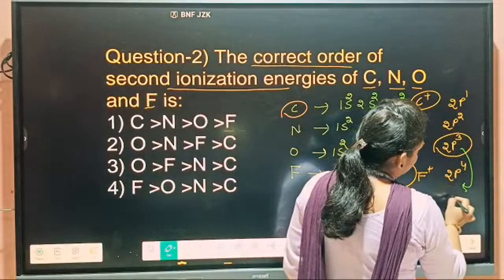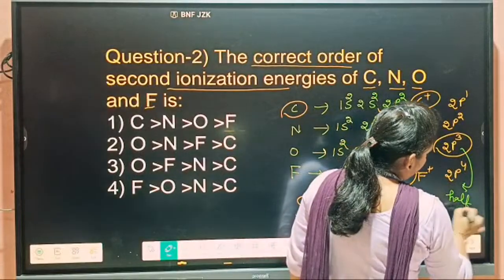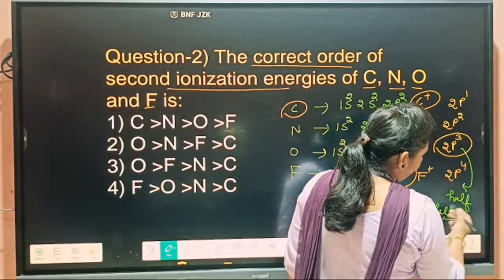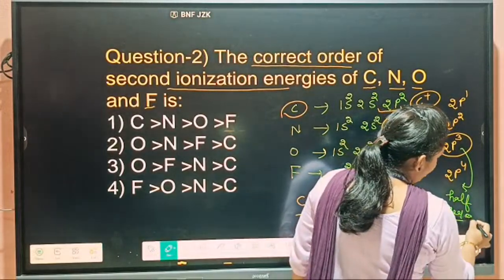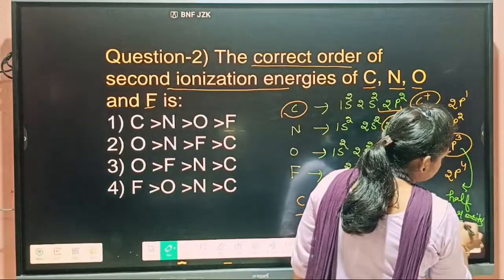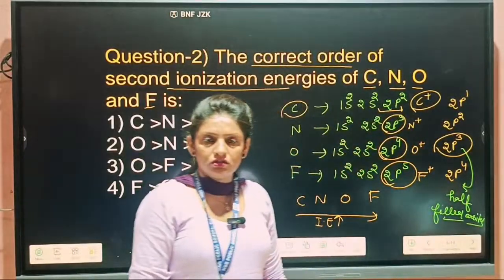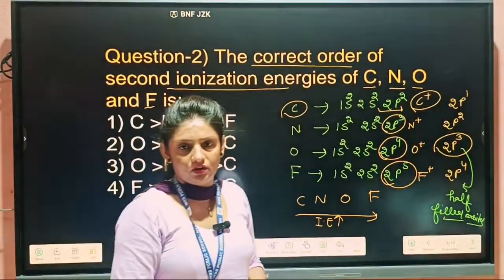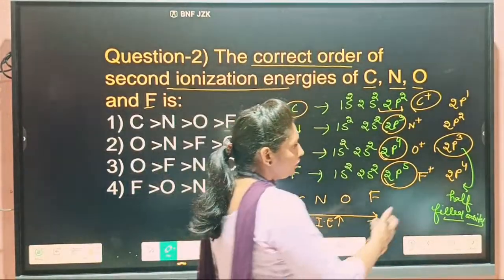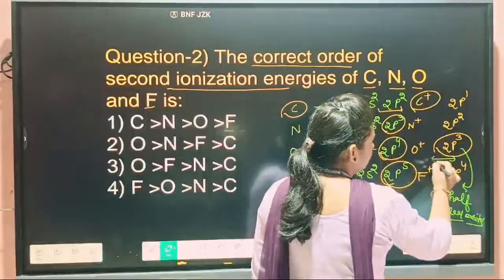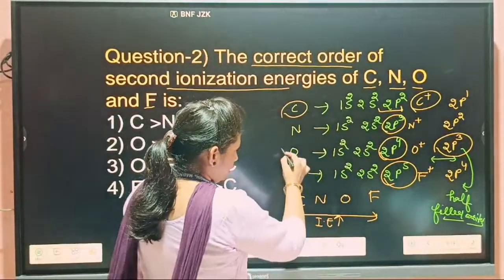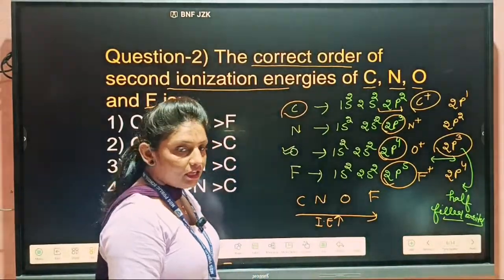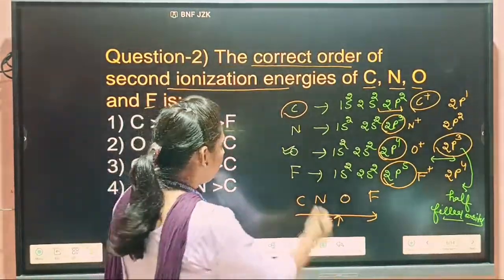And you know very well that a half-filled orbital is more stable. That configuration is more stable, so it requires more energy to remove the electron. So for oxygen, the second ionization enthalpy will be maximum.